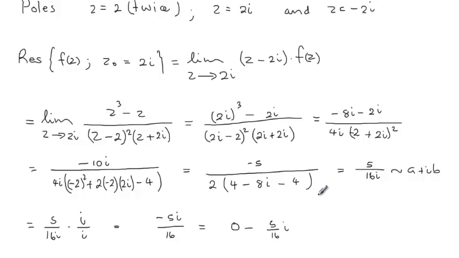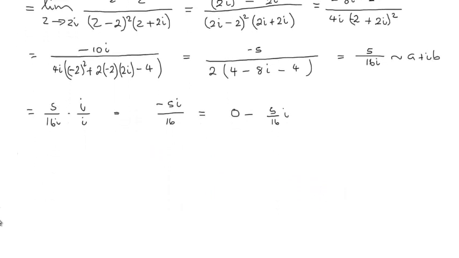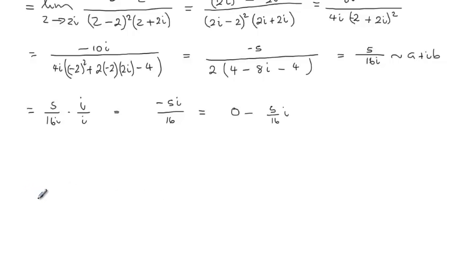Now proceeding to the next pole. In this case it would be to consider z equals −2i. For z equals −2i, we write the residue of f(z) for z0 equals −2i. A simple pole, in this case.